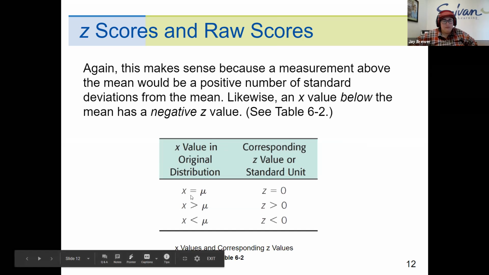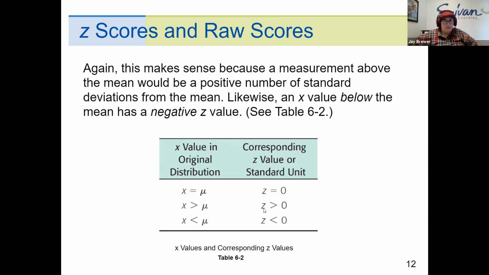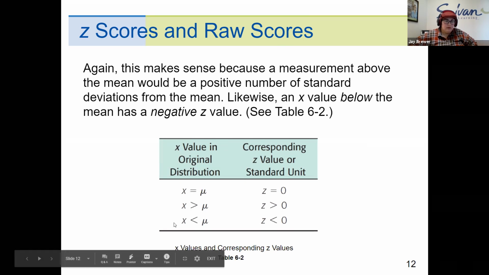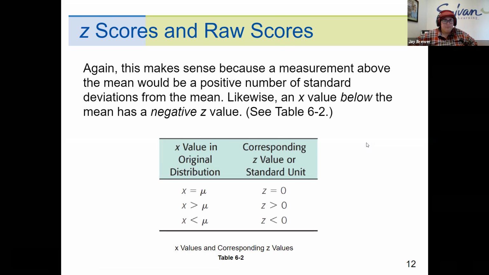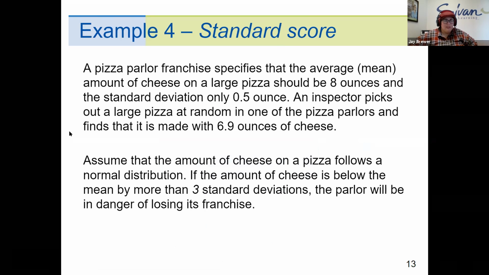So here, if x is equal to mu, we have a z of 0. If x is greater than mu, then we'll have z greater than 0. And if x is less than mu, we will have z less than 0. You don't really need to know that because you will end up figuring it out on your own after doing so many of these problems.